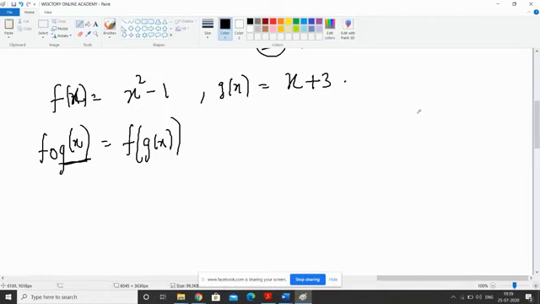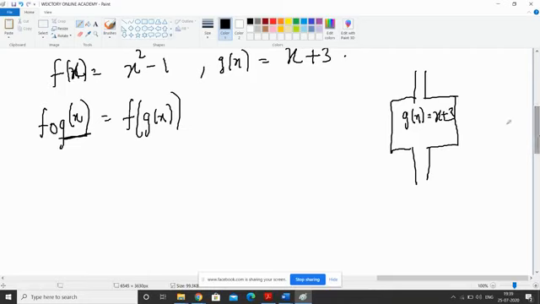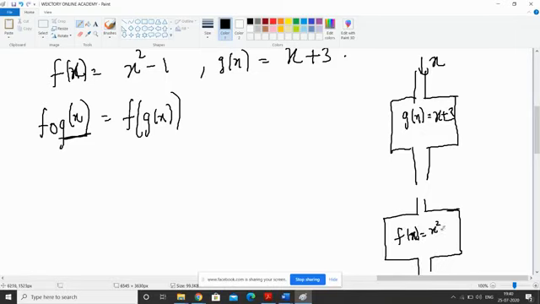Let me explain with the diagram what it exactly means. Let's say this is your g(x), which is equal to x plus 3. Here you give the input as x, and this is the another machine f(x), which is x square minus 1.